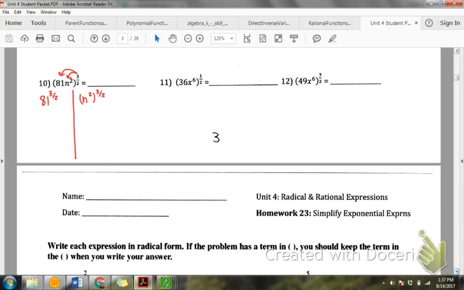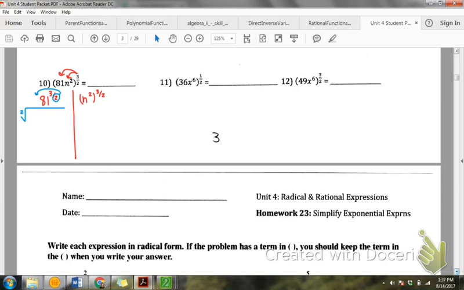Okay, so let's take care of 81. What number becomes my root, Ben? For the 81, what becomes the root? 3 or 2? Which number is in the denominator? 2. So I'm going to have 2 go out front. So I'm looking for the second root or the square root.